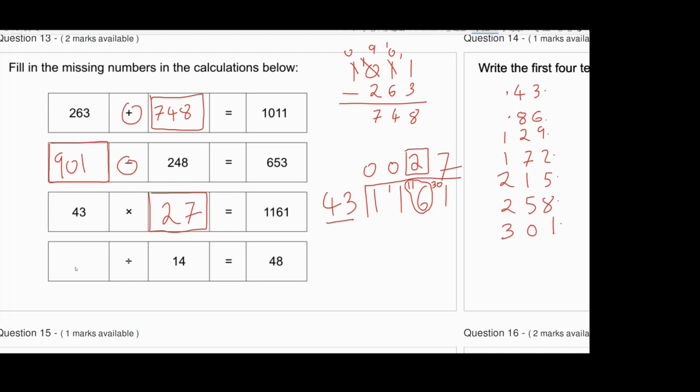So with the last one, I'm thinking something divided by 14 equals 48. So what would I have to do this time to work out the missing number?